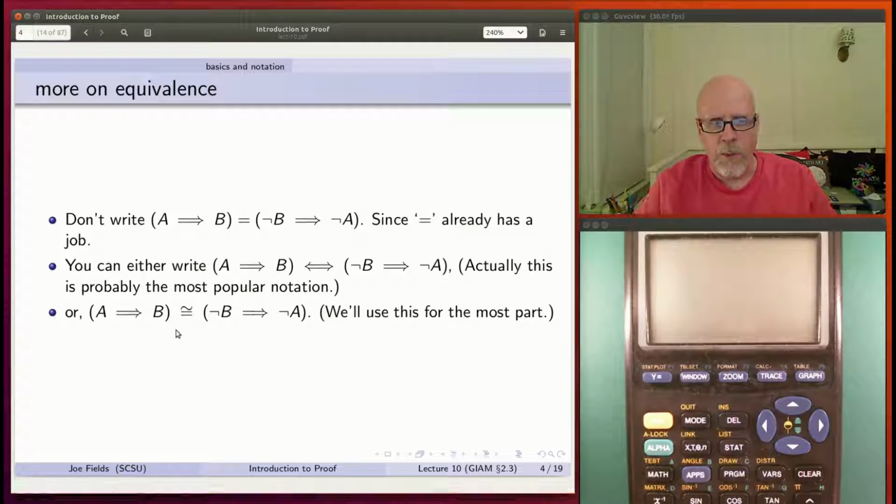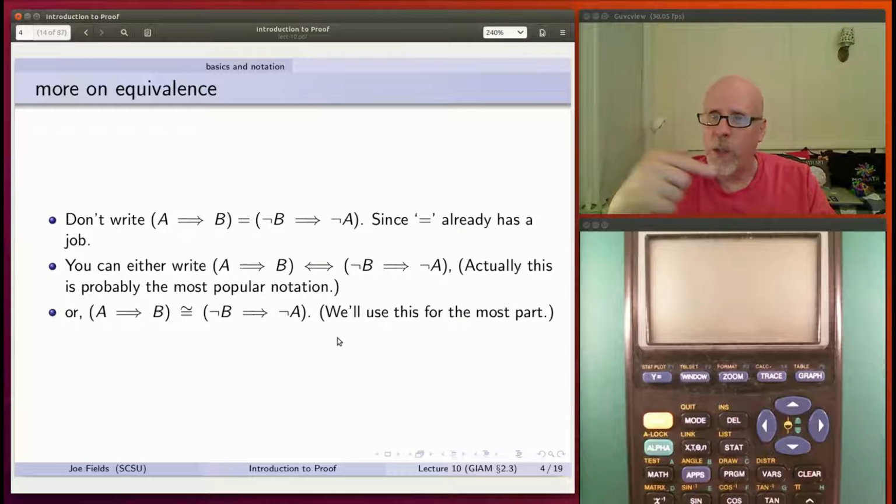So this version, at least for me, feels more like it's showing the idea of a balancing between two things, that they balance, that they are the same. That's probably just personal prejudice. It may even be the fact that I believe that's the notation they used when I first learned the topic. So I'm sort of stuck in an old school thing. But anyway, we'll stick with it.